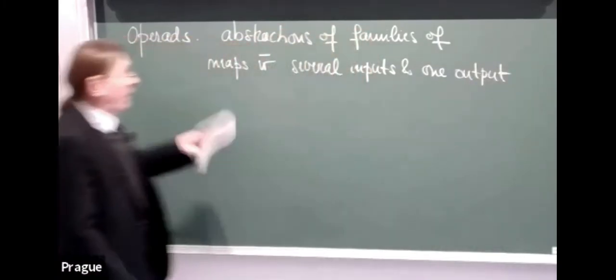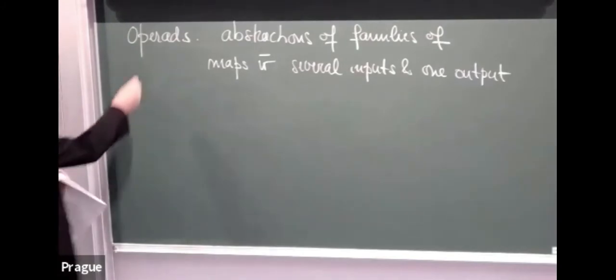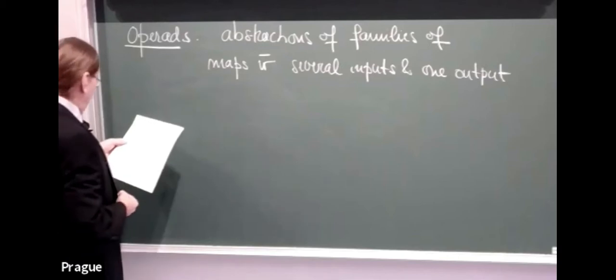So an abstraction of families of maps of this type and their composition. So this is what, let's say, operads may be thought of as.